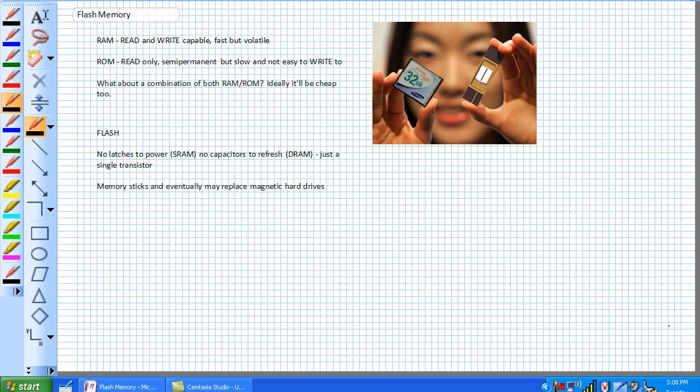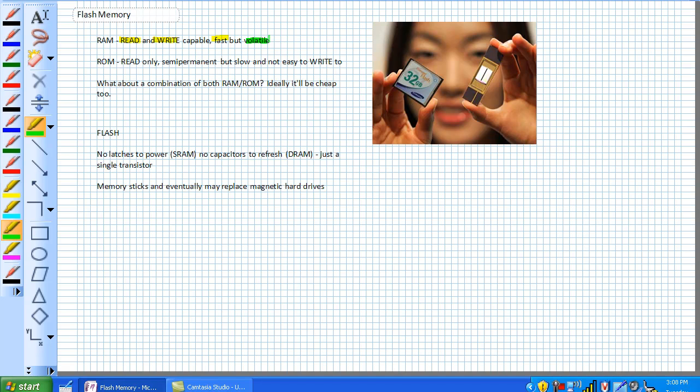Today we're going to have a discussion of flash memory, which is kind of a synthesis of the best parts of our RAM and ROM. If we remember right, RAM is basically our random access memory. We can read from it and write to it. It's pretty fast, but our disadvantage is that it's volatile.